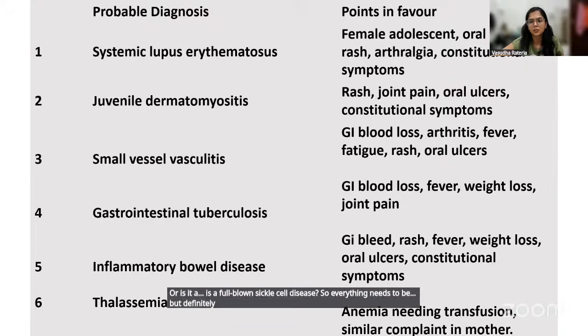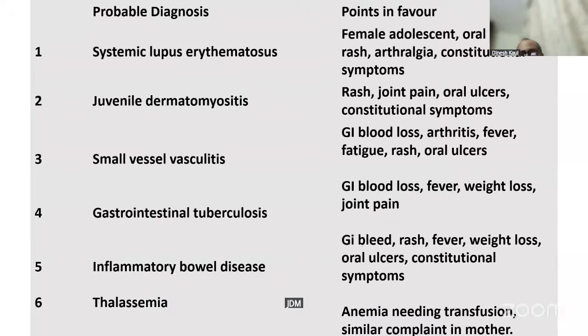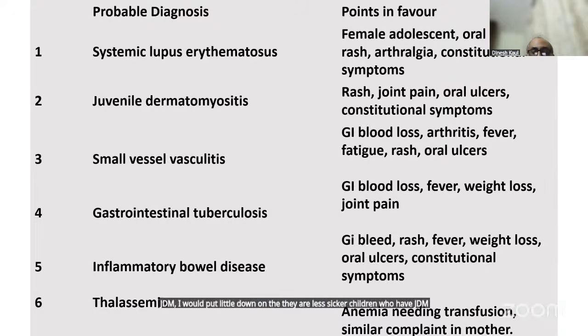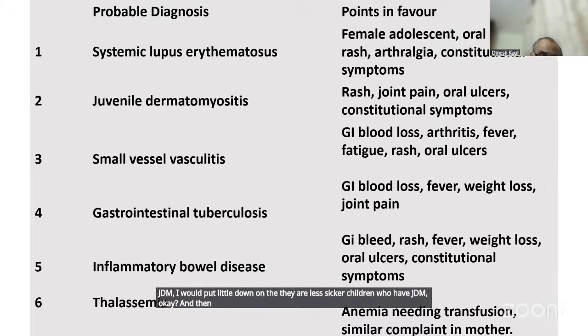But sir, definitely, I do agree with your systemic lupus erythematosus as the first. JDM, I would put a little down on that, as they are less sick children who have JDM. And small vessel vasculitis is definitely important, but TB, I would still consider.